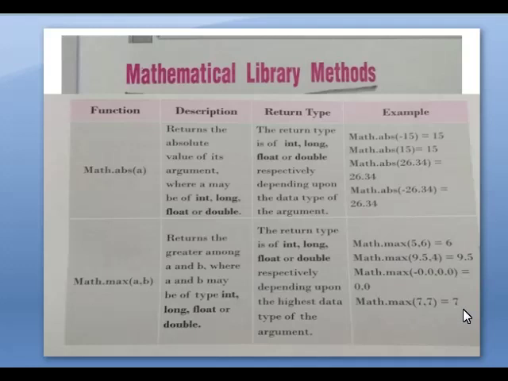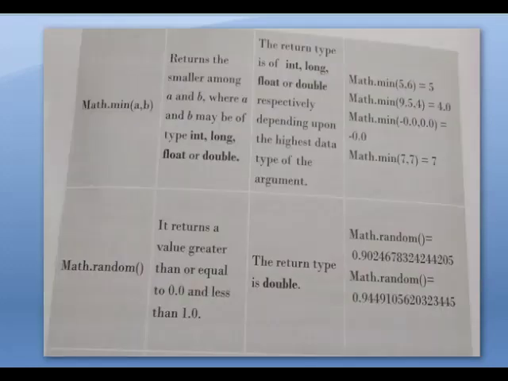In the same way, minimum means the smallest value. Math.min of a and b, here also we use two variables a and b. The values may be either integer, long, float or double. Given two values, we find the smallest value. It returns the smaller among a and b.